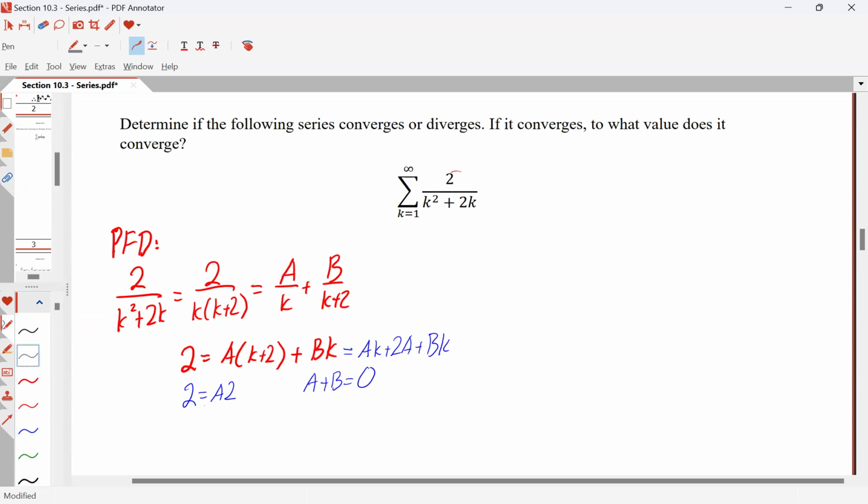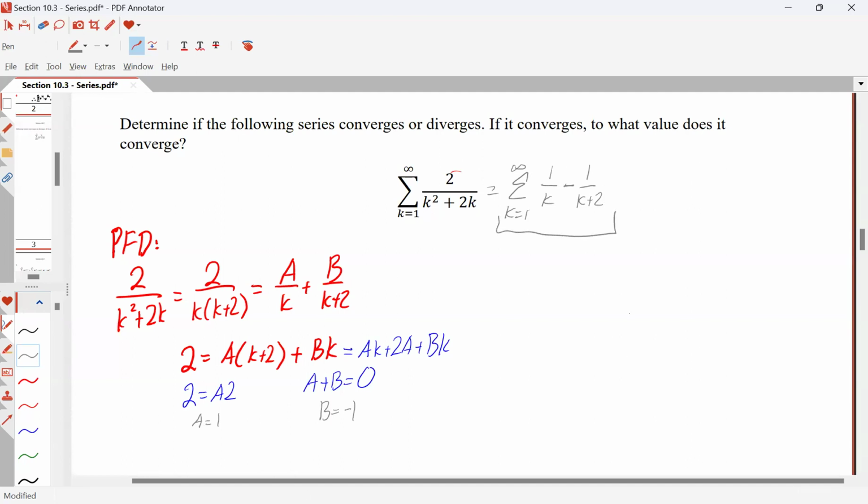This equation, 2 equals a times 2, means a equals 1, and a plus b equals 0 means b equals -1. So this series is actually the series k equals 1 to infinity of 1 over k minus 1 over k plus 2. We're going to work with this version.